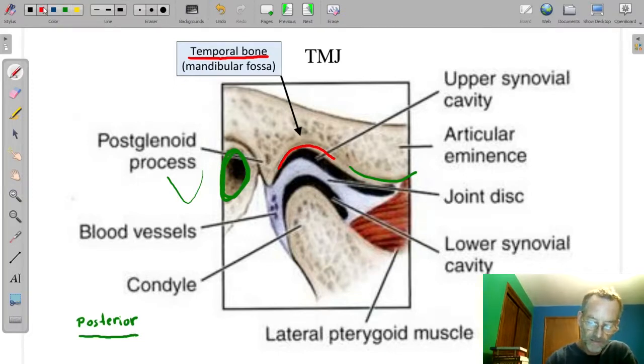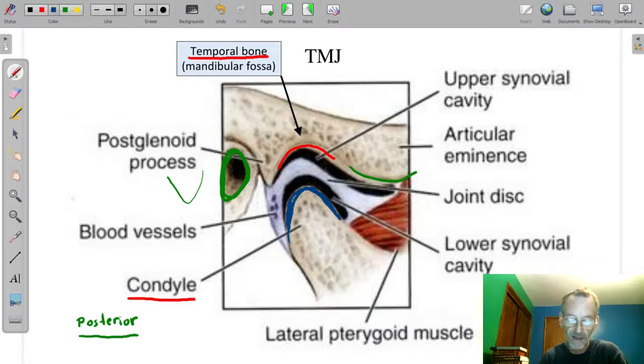There's the condyle of the mandible. And the articular surface. So that is lined with articular hyaline cartilage, like any other synovial joint, which this is. So there's the articular surface of the mandible. And there is a fibrous joint disc in the TMJ, which is shown in light blue.